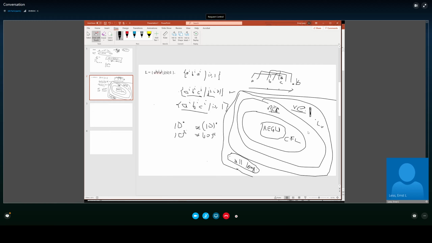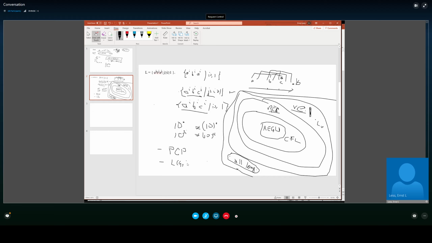And as we said, the post-correspondence problem is an instance of that. We talked about that, and of course the equivalence problem of context-free grammars.